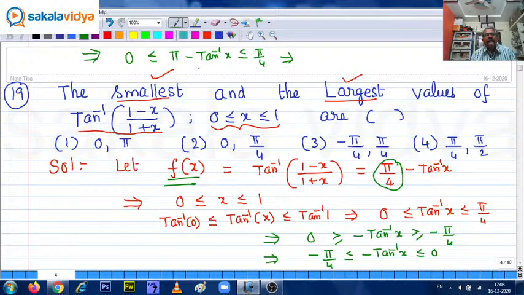That means f of x lies between 0 and pi by 4. This is the smallest value, this is the largest value. So 0 comma pi by 4. So the second option is the right option.